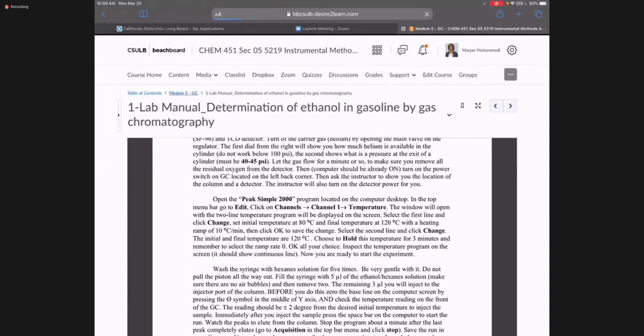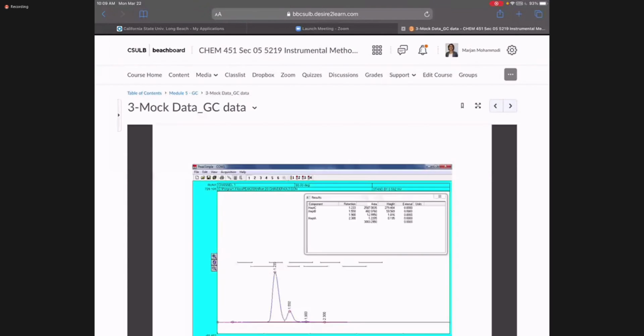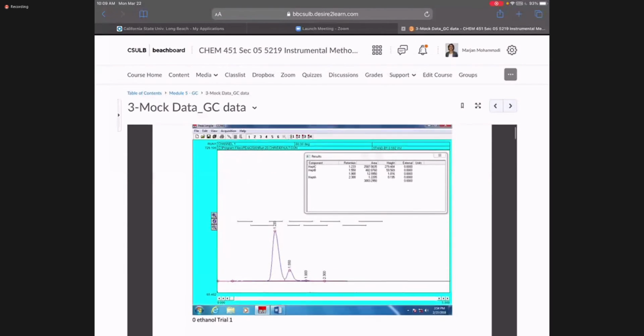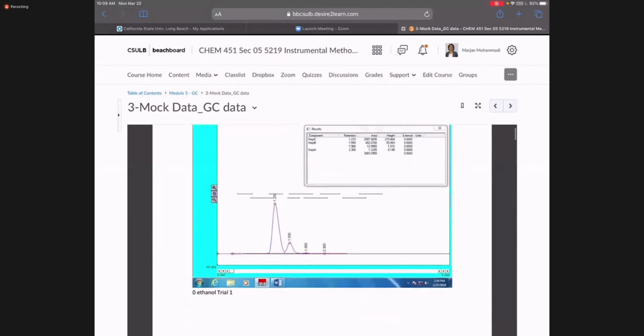Actually, this one is a beautiful one because we are going to give you the peaks, the graphs. So take a look right here, please. As you can see, the first one we are starting, under it says 0 ethanol, trial 1. Means what? Means first sample, we are just gonna run the hexane. So, of course, be familiar with these peaks.